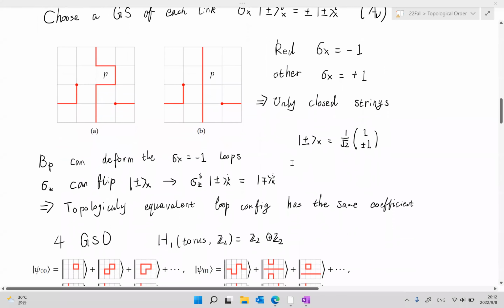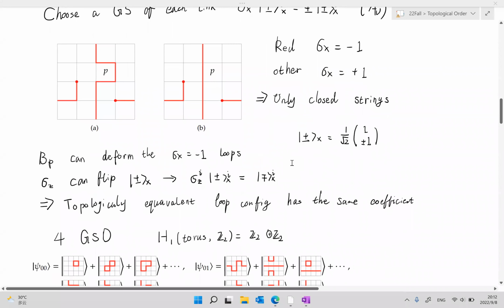Now another thing is that the B_P operator can deform the red loops, as we know from quantum mechanics. If we act with sigma z on the eigenstate of sigma x, it will flip it.